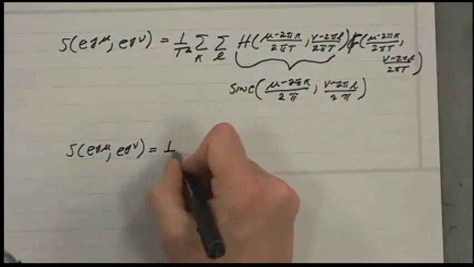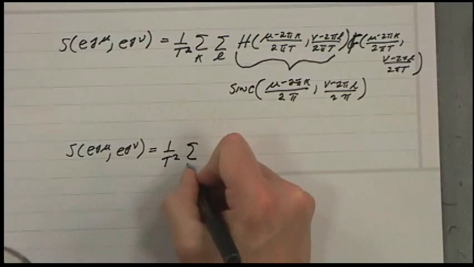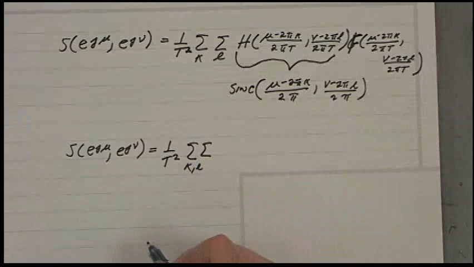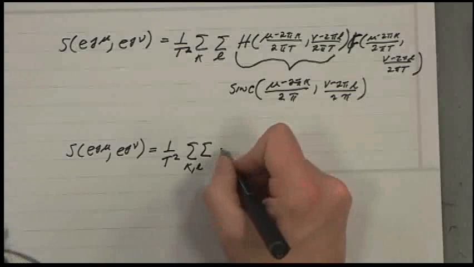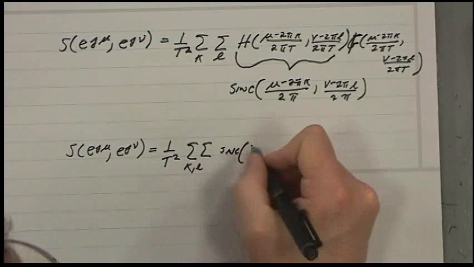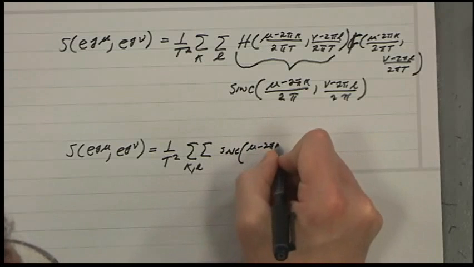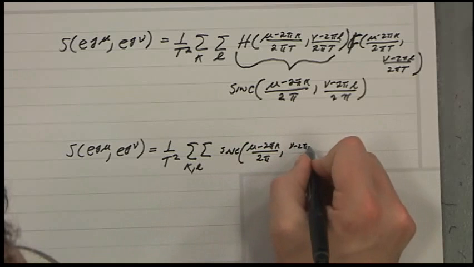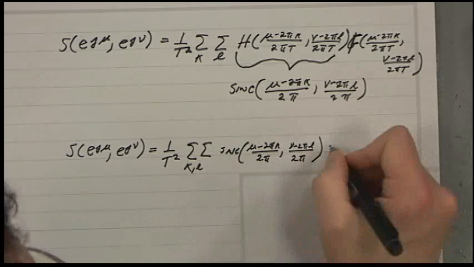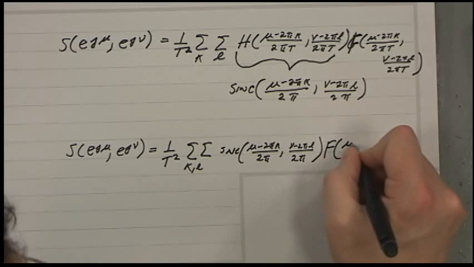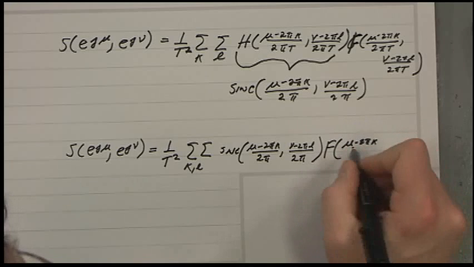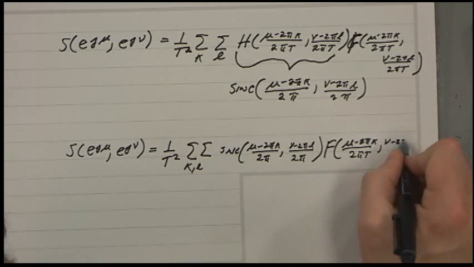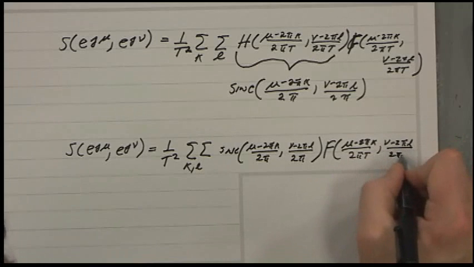So this becomes 1 over T squared, sum over k and L, and this becomes sinc of mu minus 2 pi k over 2 pi, nu minus 2 pi L over 2 pi, times f of mu minus 2 pi k over 2 pi T, nu minus 2 pi L over 2 pi T.